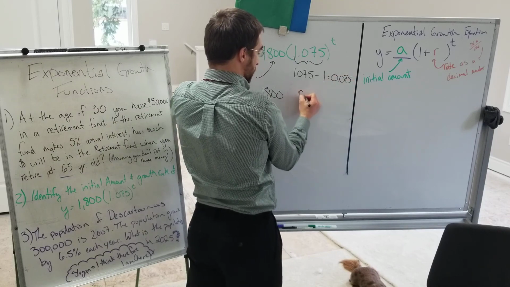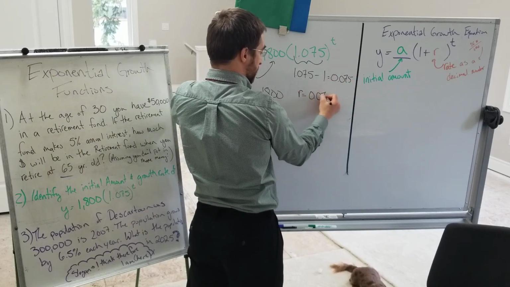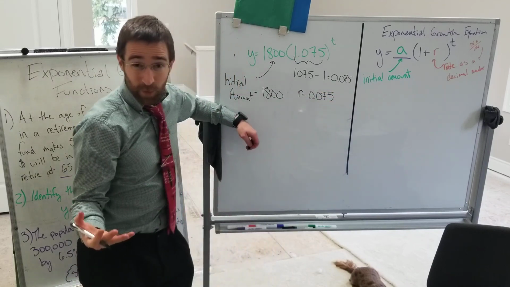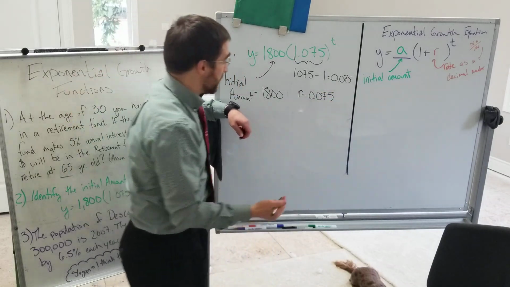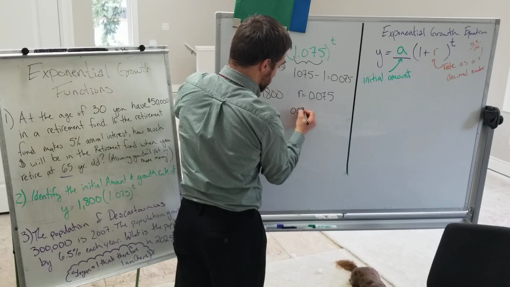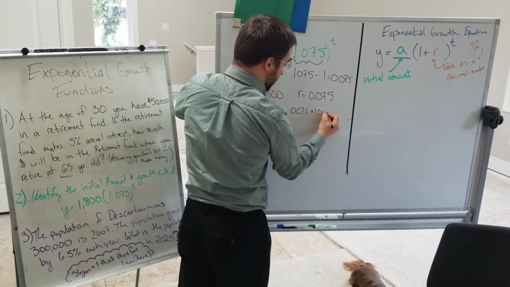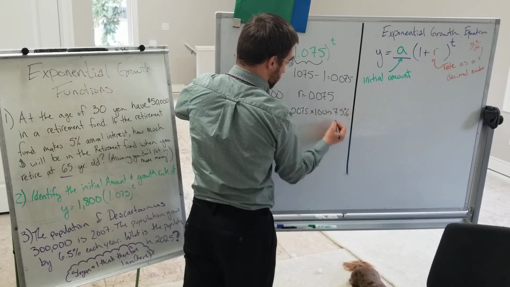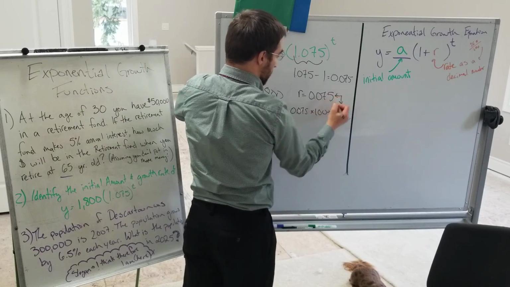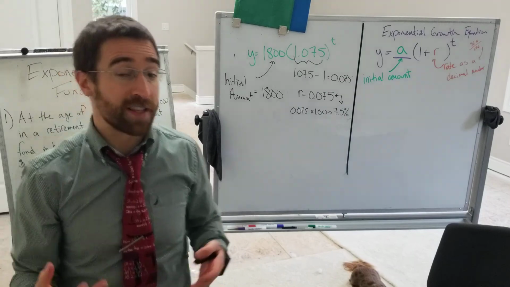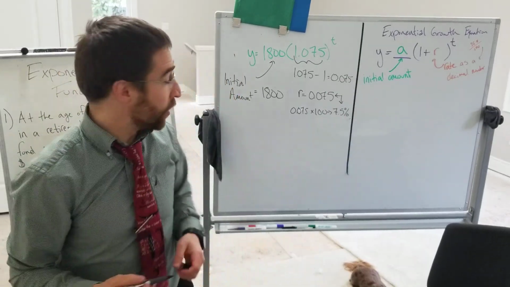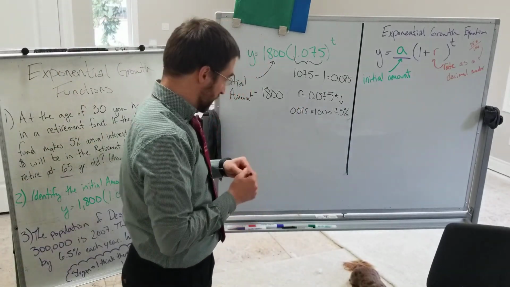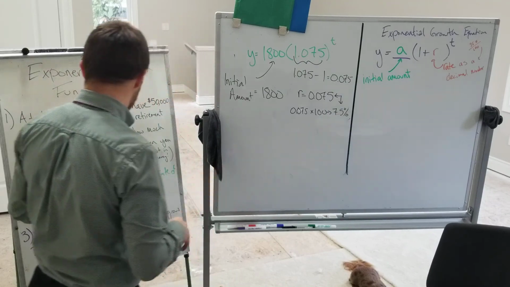And that tells me r equals 0.075 as a decimal number. Now if I want it as a percent, I multiply 0.075 by 100 to get 7.5%. So either answer works. It depends, is it asking for r as a decimal number, or as a percentage? All right, so that's that second problem.